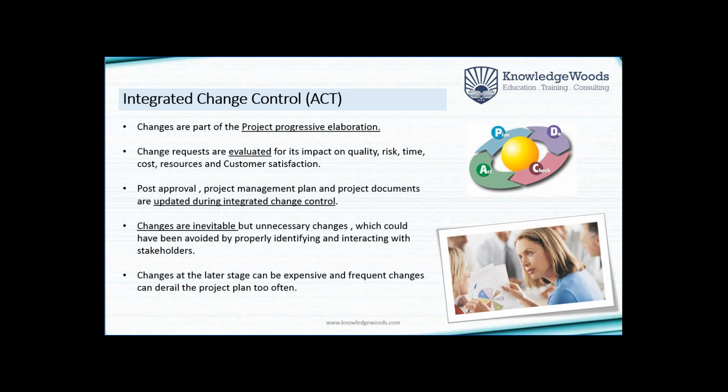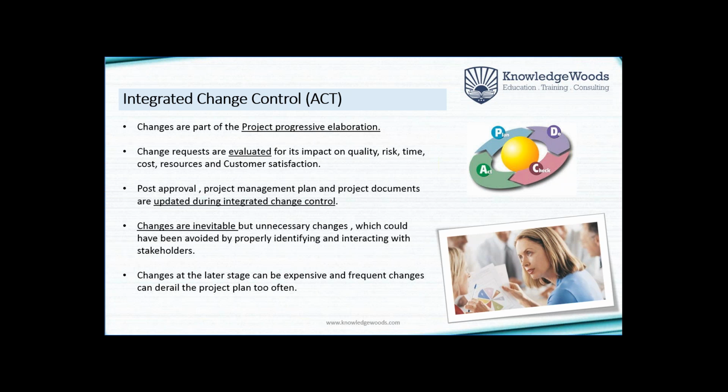So how does it need to be done? The act part. Now is the act part, right? So plan, do, check, and now act, right? So it happens through integrated change control. Integrated change control. Once again, the word integrated is coming again. So the project is basically moving in an integrated way, right?